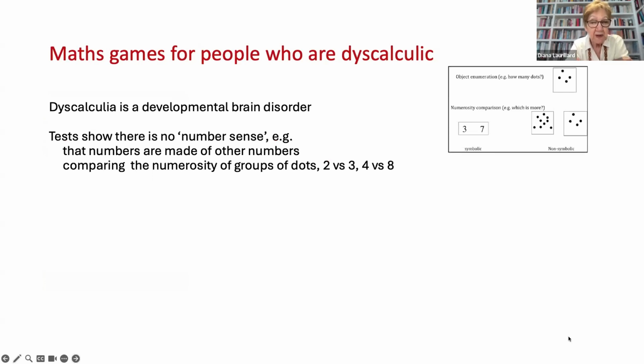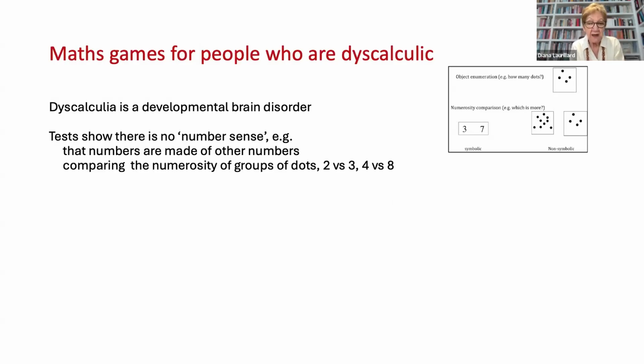Now we come to maths games for people who are dyscalculic. Now, dyscalculia is a developmental brain disorder. Tests show that people who have dyscalculia have no sense of number. They don't understand that numbers are made up of other numbers.